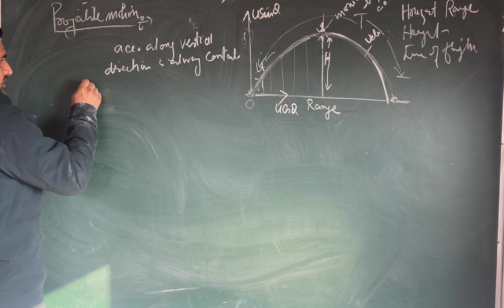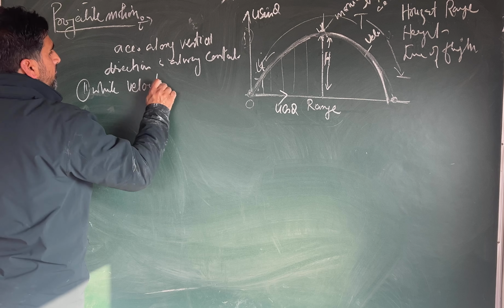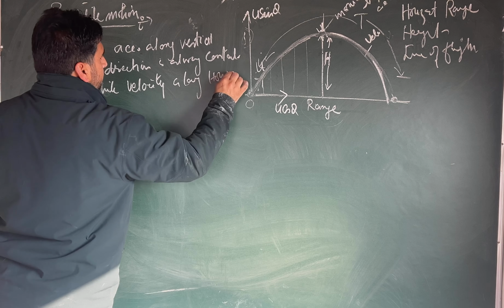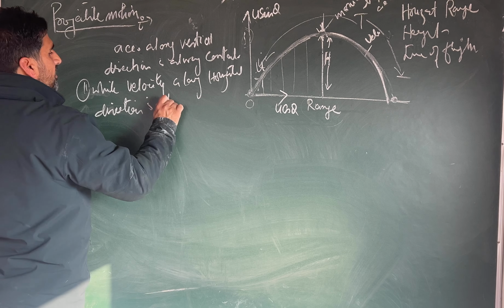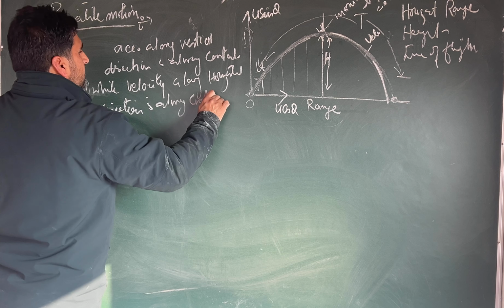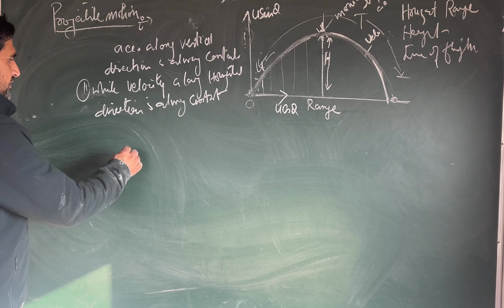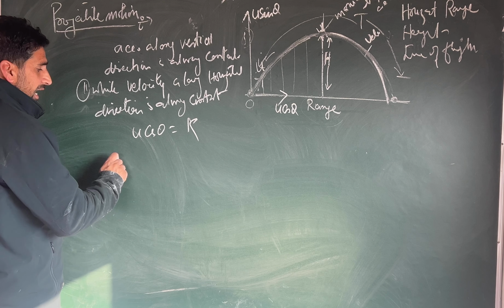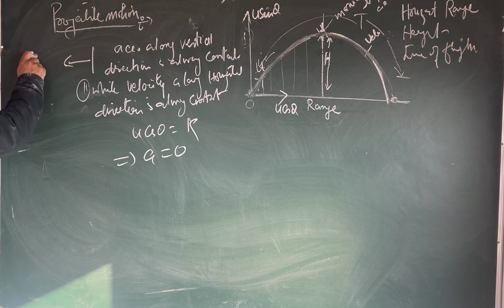While, second point, velocity along the horizontal direction is always constant. When velocity along the horizontal direction is constant, that is u cos theta is equal to a constant, the acceleration along the horizontal direction will be equal to 0. You will have only changing velocity along the vertical direction.